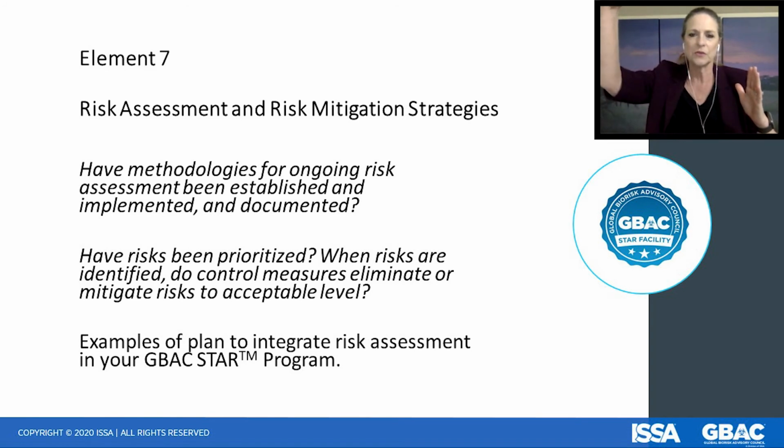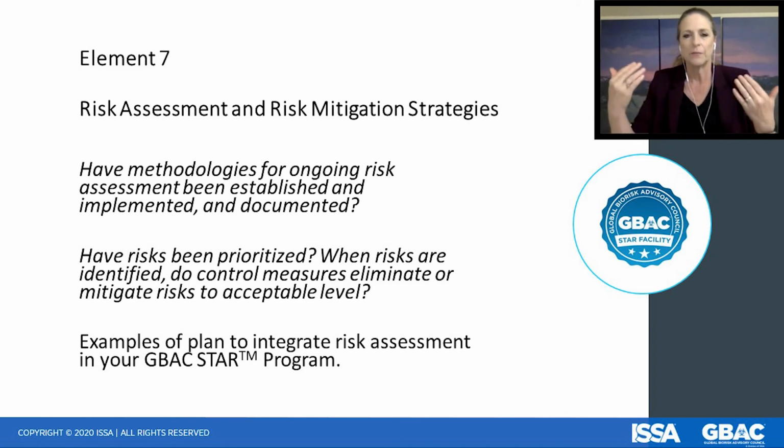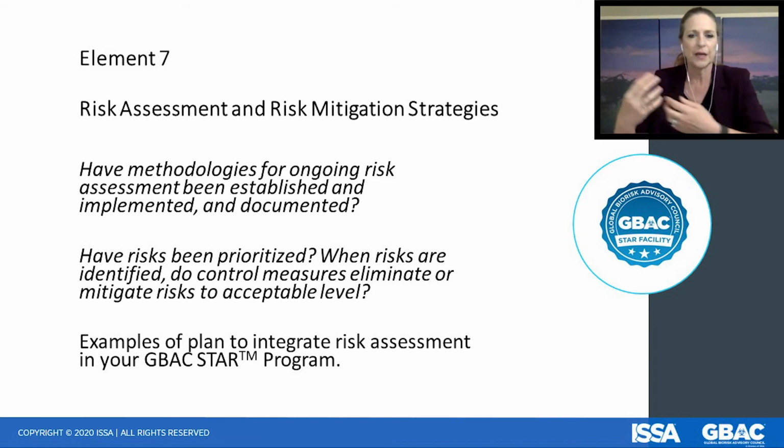You want to get those things that are really high risk from a standpoint of probability versus severity, and mitigate those risks. What controls or what things do you need to put in place to bring the probability of something bad happening down?